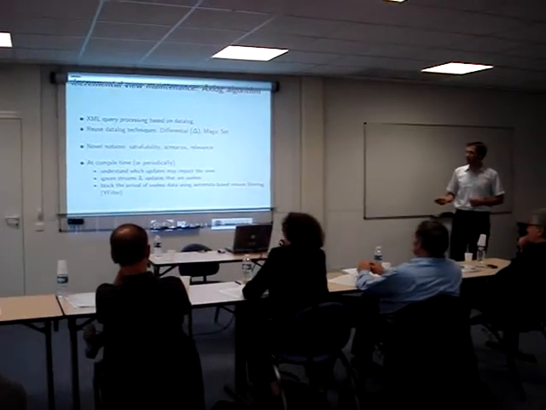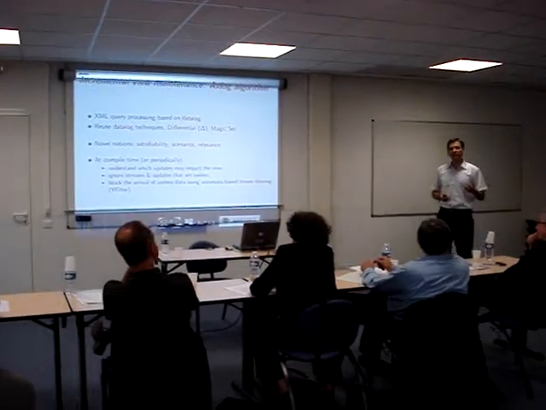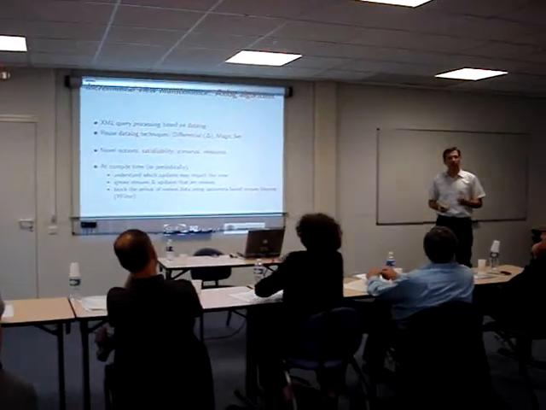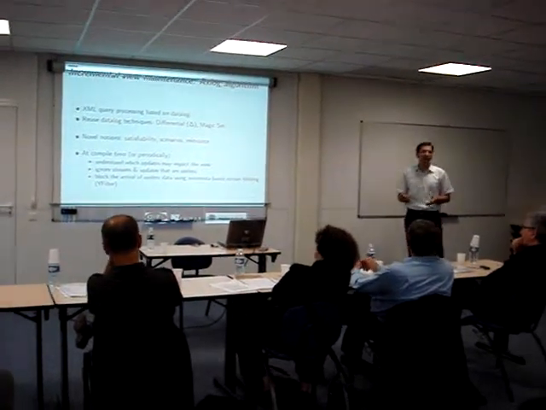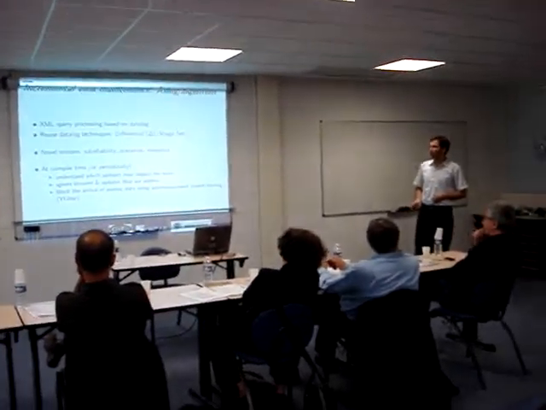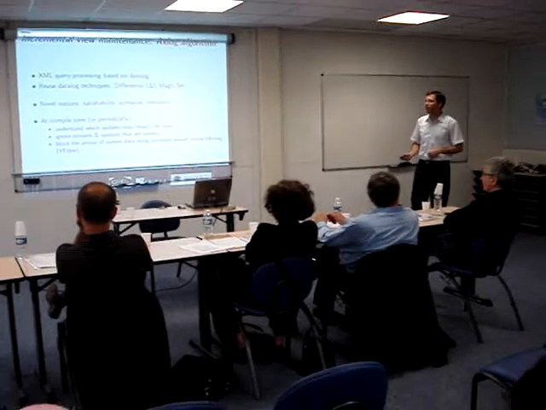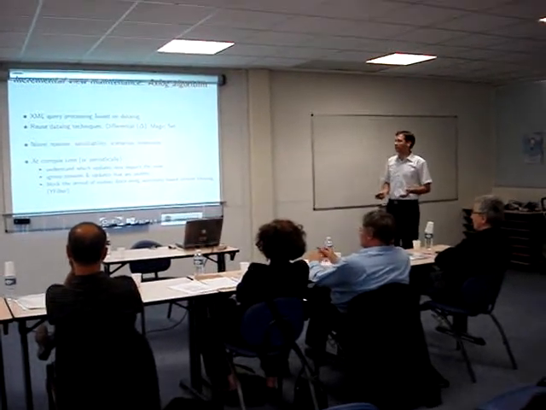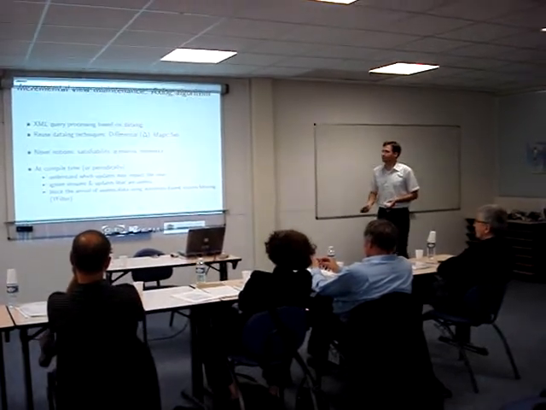So how does it work? At compile time, it tries to understand what are the streams that are really important for the view, and how these streams are important, meaning what kind of updates they could bring that could actually impact the view. And in a distributed setting, it is important to block the arrival of useless data, and we use for this stream filtering techniques.